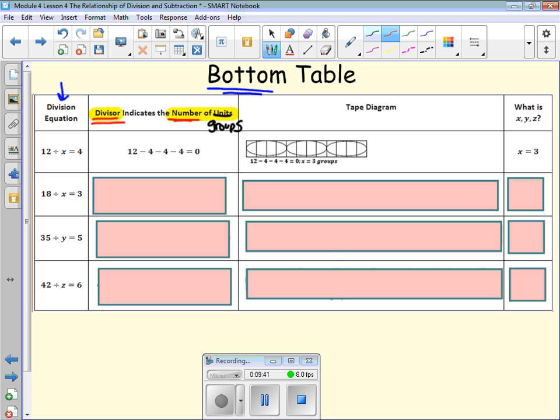So if my divisor is the number of groups, what is my quotient going to tell us? Right. So write that down as a reminder. So the quotient this time is the size.